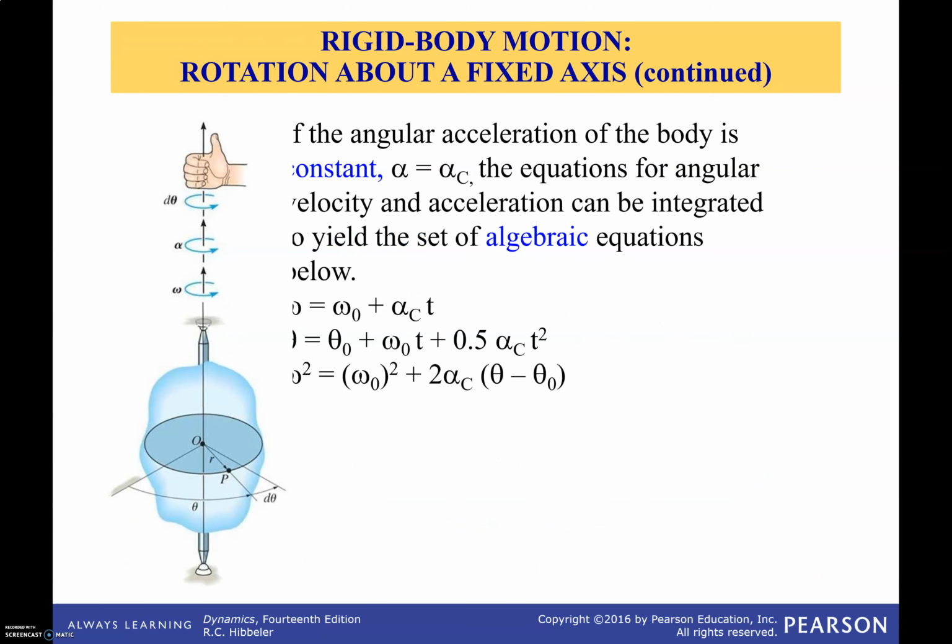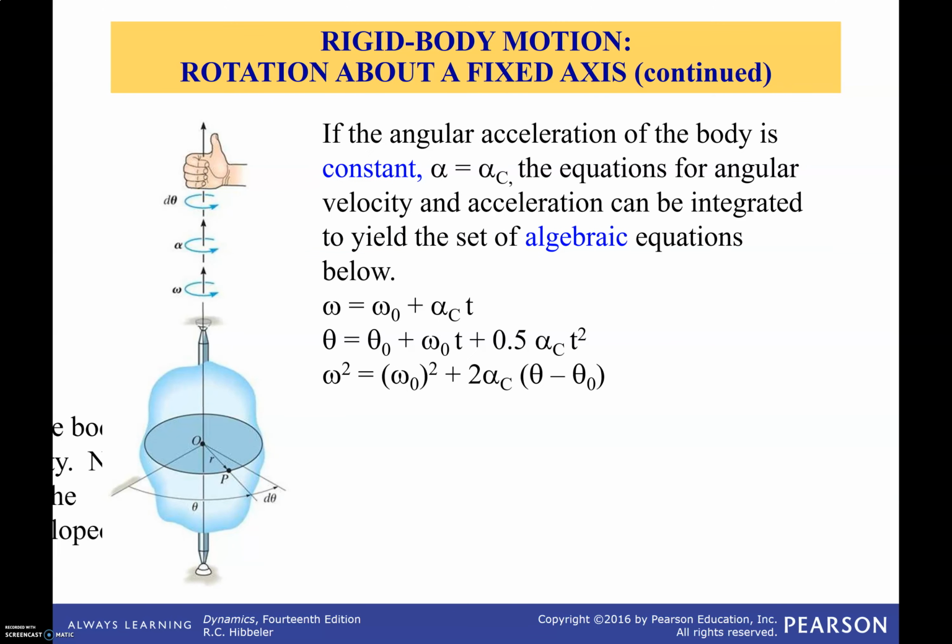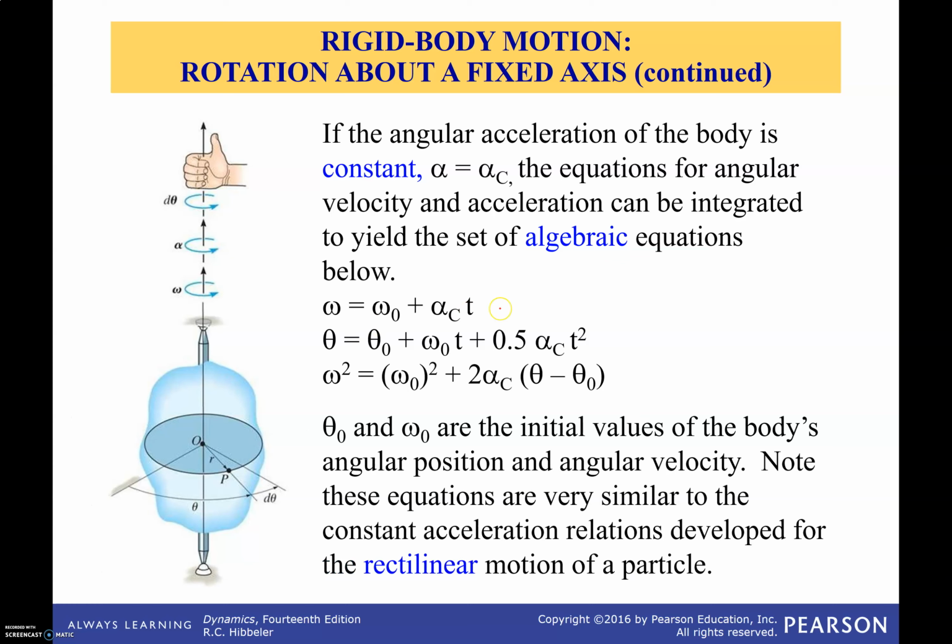And a key simplification happens when we have constant angular acceleration. If you remember your kinematics from Physics 1, this is v equals v0 plus at. It's a similar equation to rectilinear motion. Then x equals x0 plus v0 t plus 1/2 a t squared.